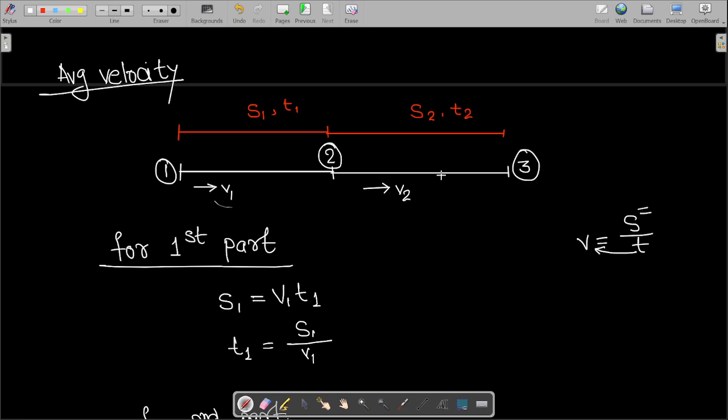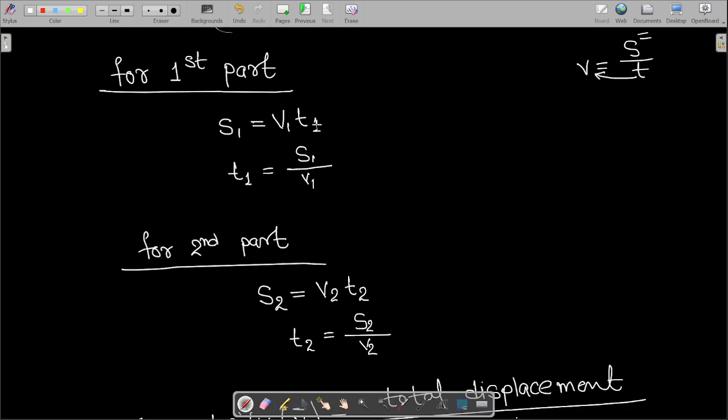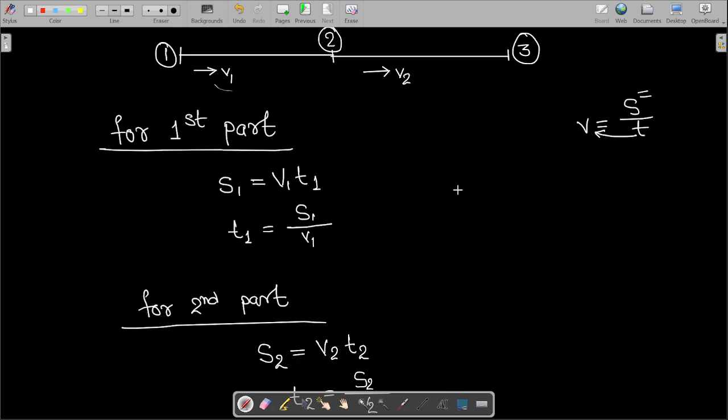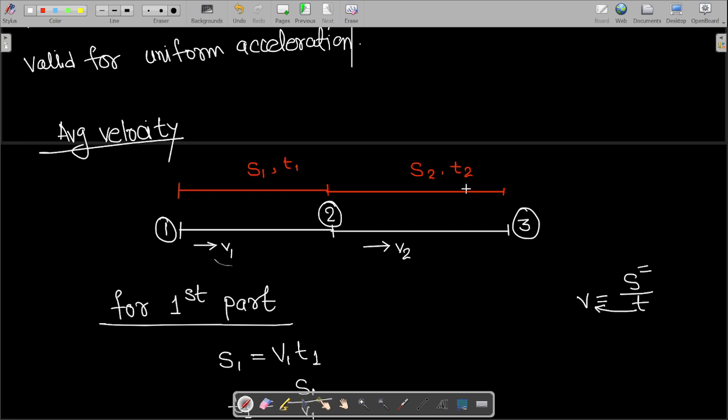Am I audible to you? Yes, sir. So please tell me what is the total displacement here? It is s1 plus s2, which is v1 t1 plus v2 t2. Instead of writing v1 t1 plus v2 t2, can I write s1 plus s2? Yes, sir.